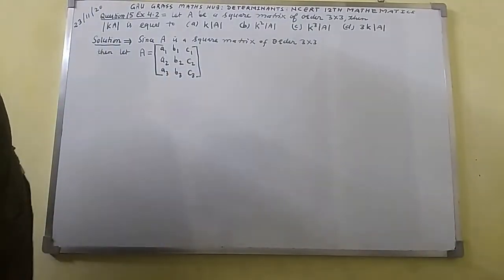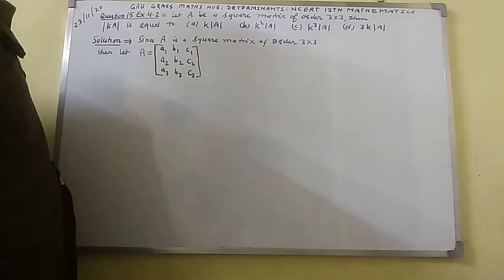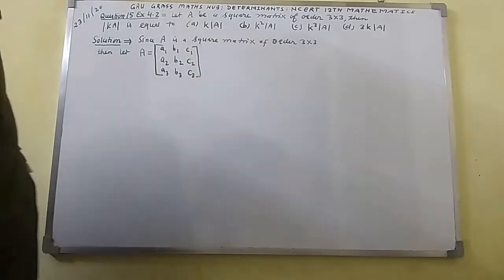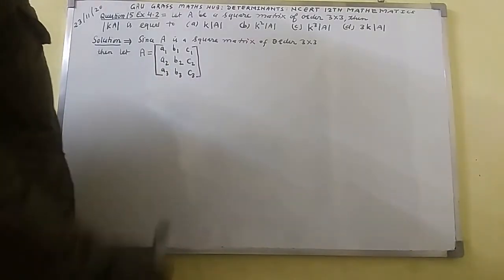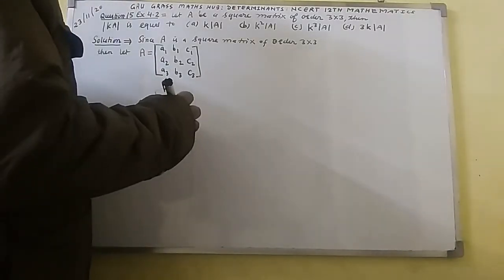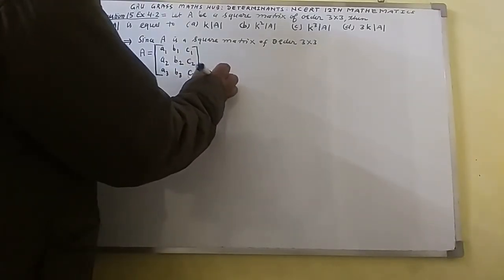The elements of first row A1, B1, C1. The elements of second row A2, B2, C2. The elements of third row A3, B3, C3. Capital A is a square matrix of order 3 cross 3. Why 3 cross 3?